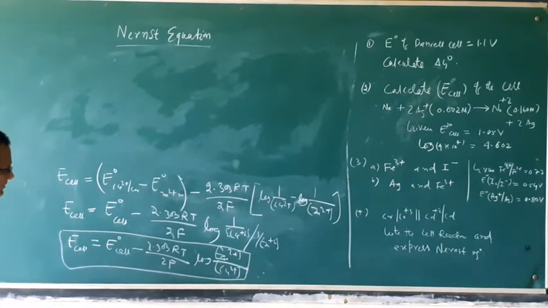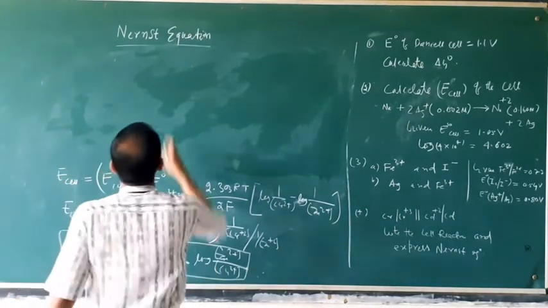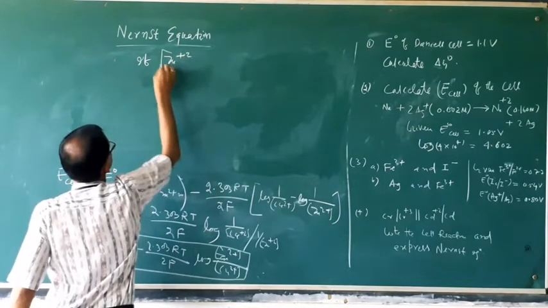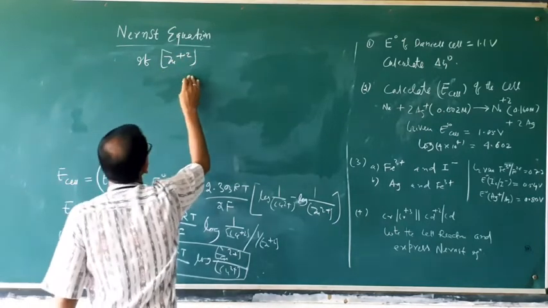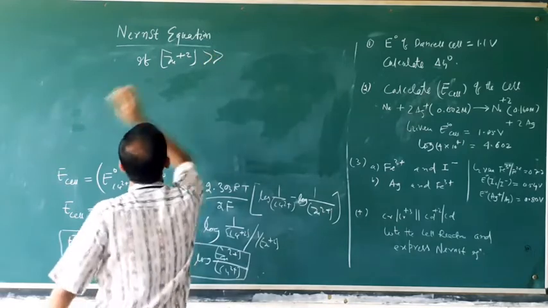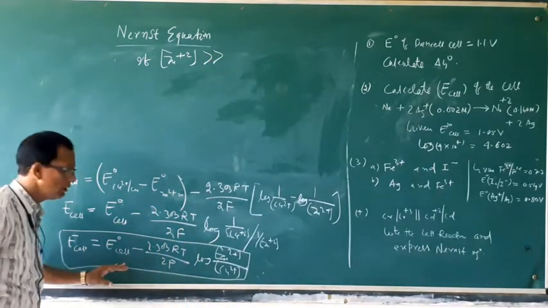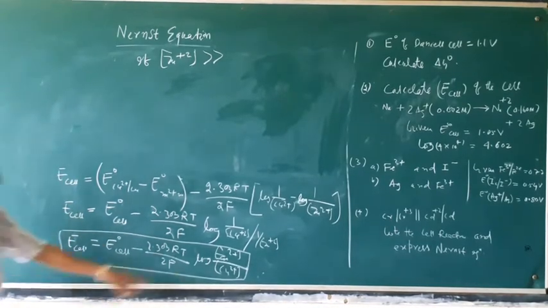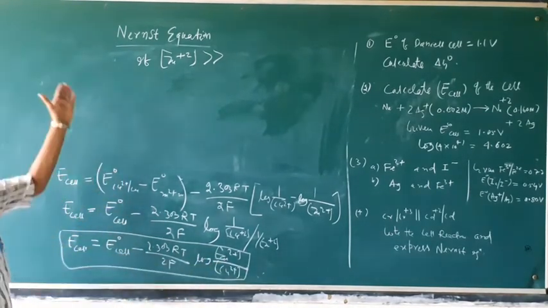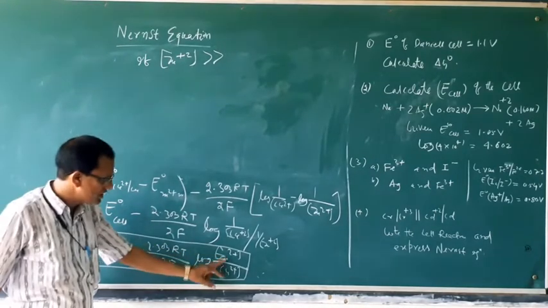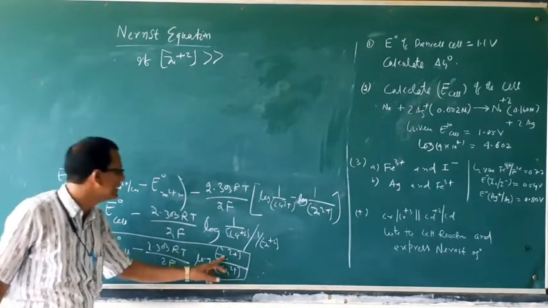This equation shows what? If zinc ion concentration increases, if you add more zinc ion, you see the equation. If more zinc ion is added, it means the zinc sulfate solution concentration increases.